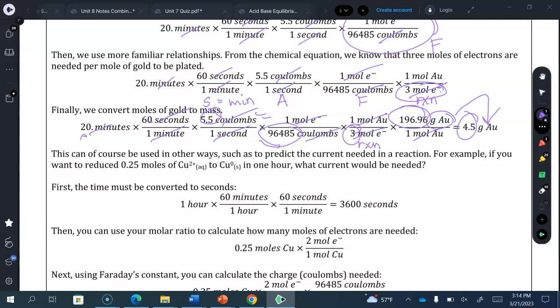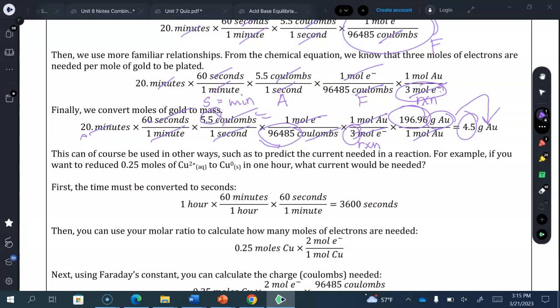Okay, so this, of course, can be used in other ways. You can also use it to predict the current needed in a reaction. For example, if you want to reduce 0.25 moles of copper ion to copper solid in 1 hour, what current would we need?